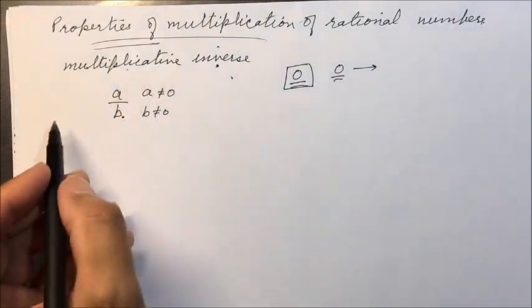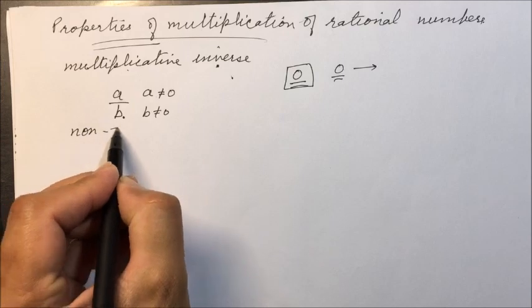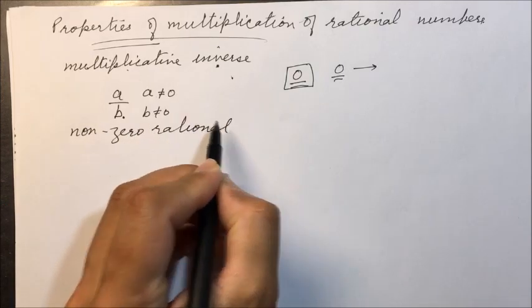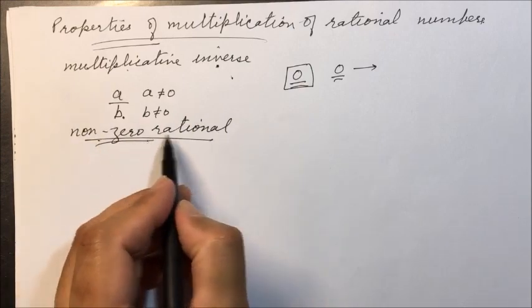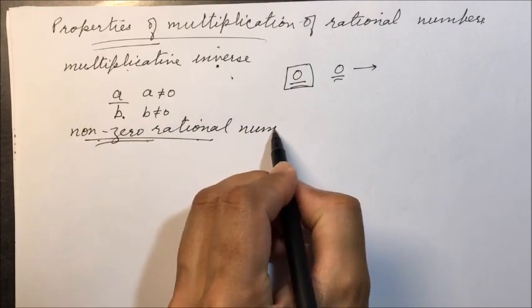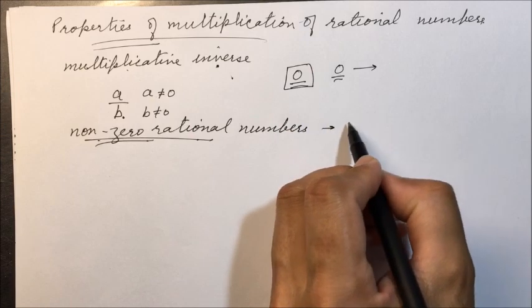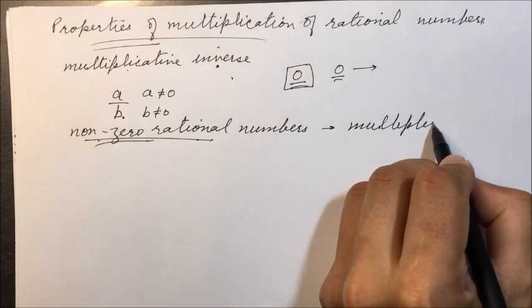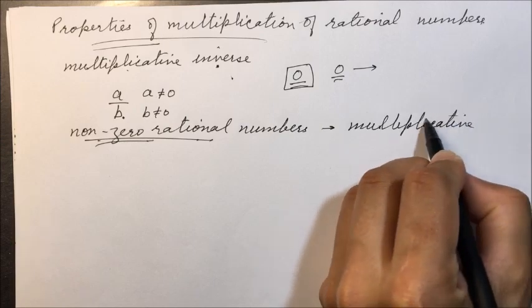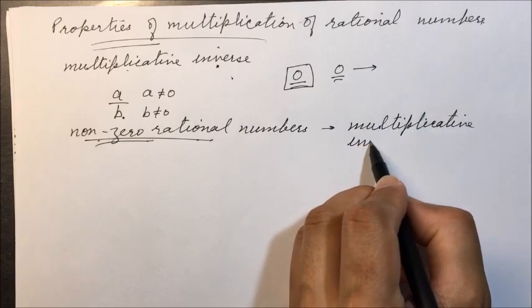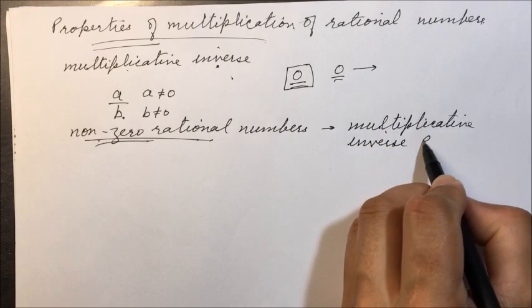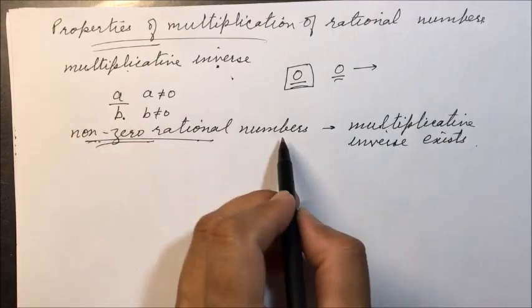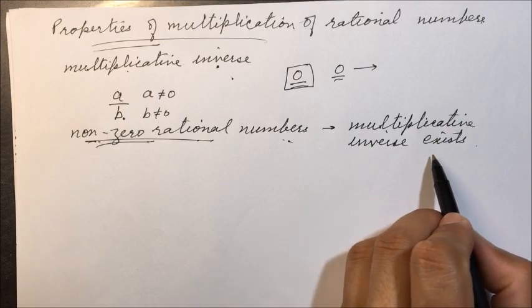So only for non-zero rational numbers does a multiplicative inverse exist.